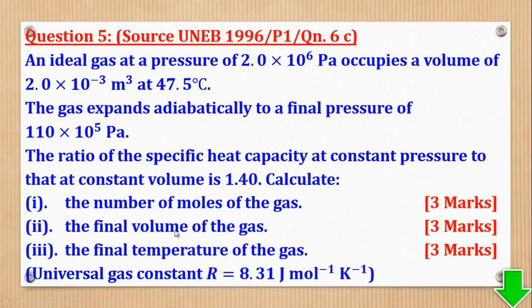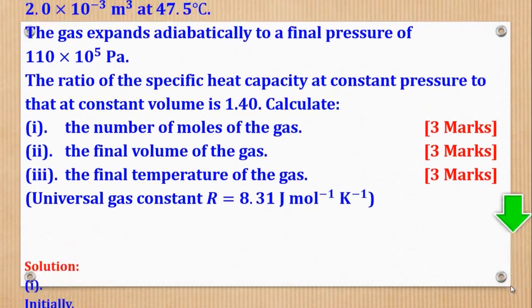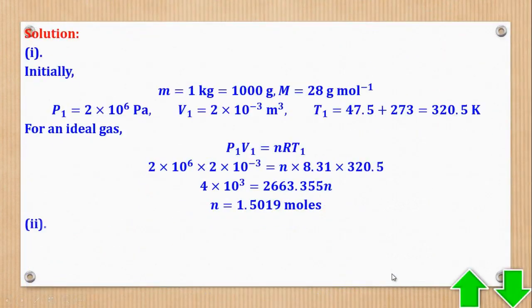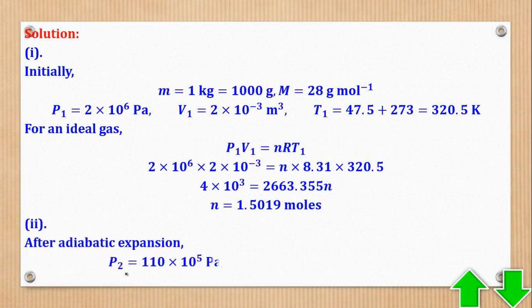Then Roman 2, they want the final volume of the gas. So remember, it expanded adiabatically. So after adiabatic expansion, we know P2, we don't know V2, we don't know T2, and we know the ratio.